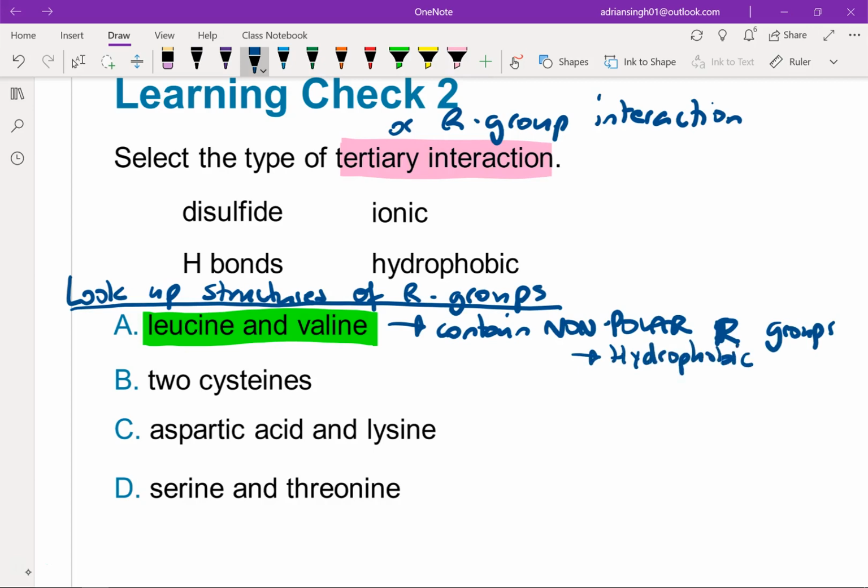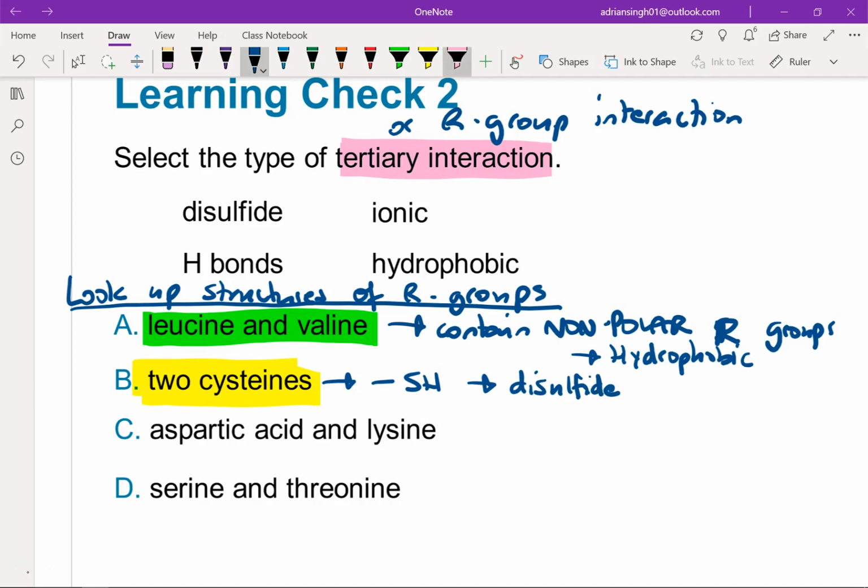Right, again, like dissolves like drives this. So if you have two non-polar things, they're going to want to be right next to each other. We have two cysteines, right? Cysteines contain that SH, the thiol R group. So that means these can participate in a disulfide bond.